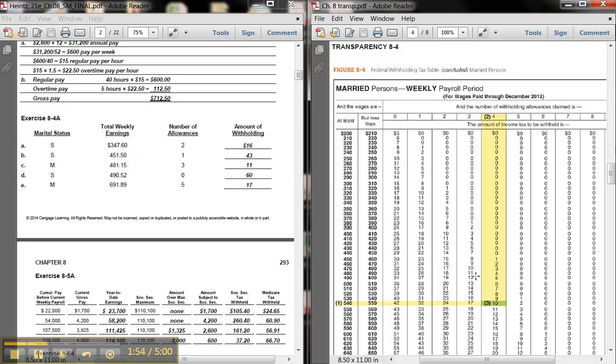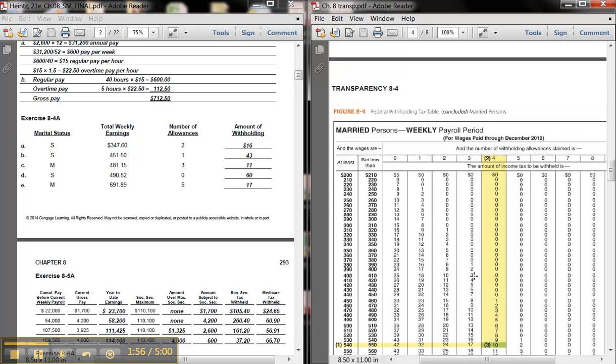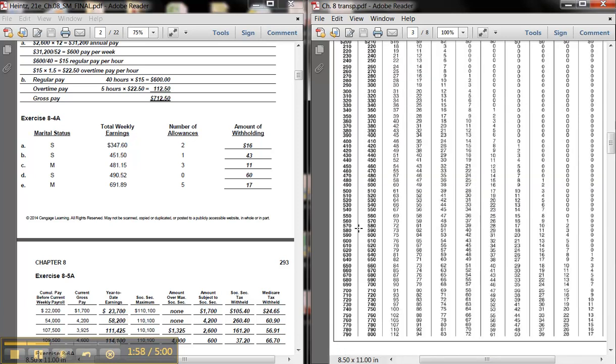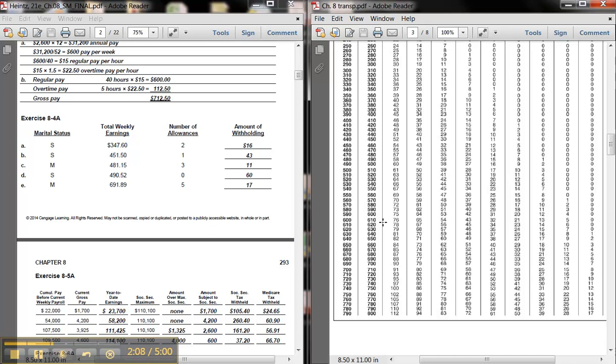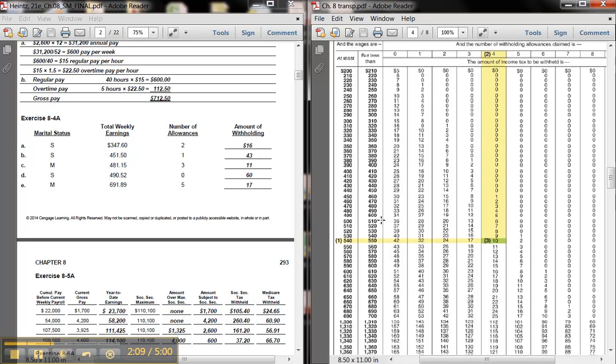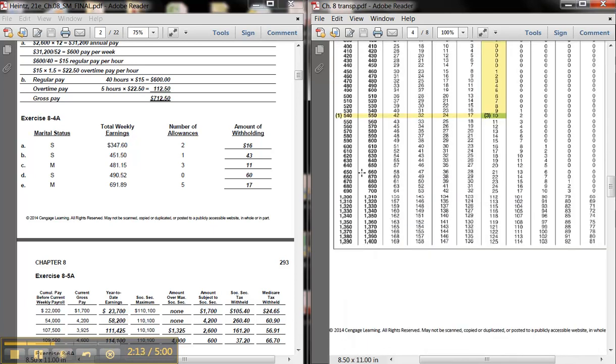Okay. The next one is single at $490.52, so we'll scroll up. Greater than 490 but less than 500 with 0 allowances is $60. Then the last one is a married individual making $691.89.